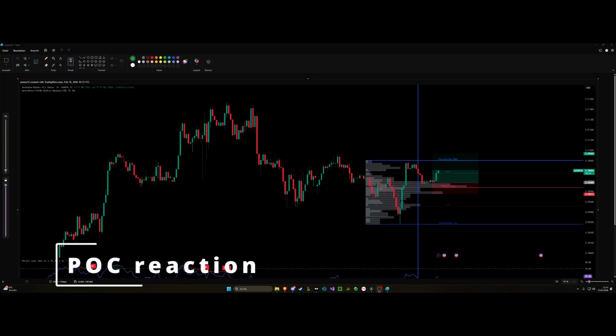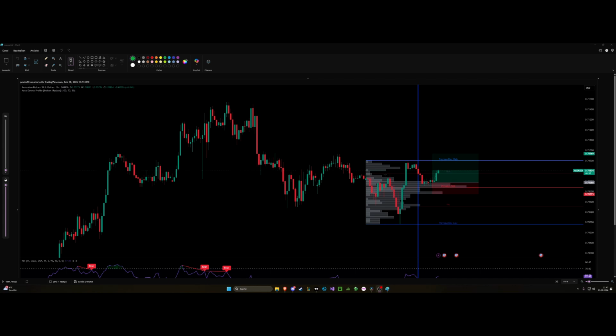So for the second scenario, we open inside value, retest the POC, and then we continue. This is a simple point of control reaction or directional move scenario. In this case, I often want to see how price behaves around the point of control, because that's yesterday's most traded price.